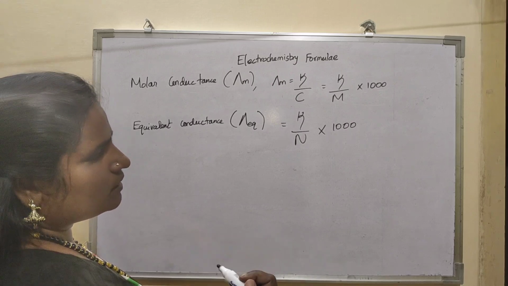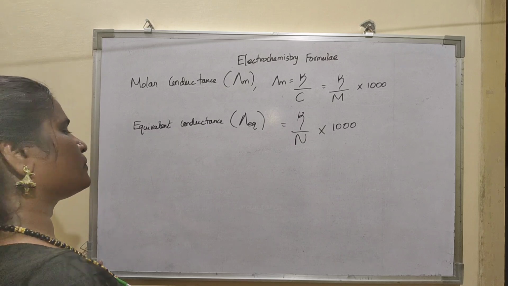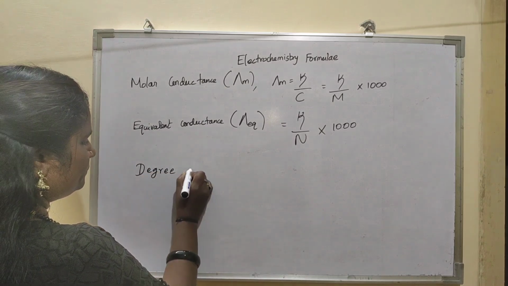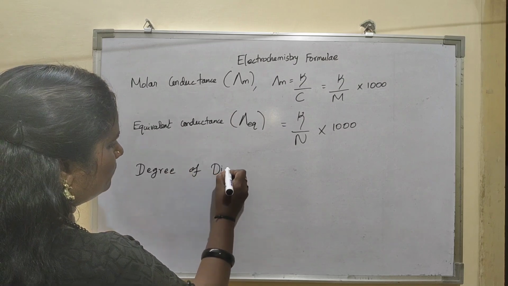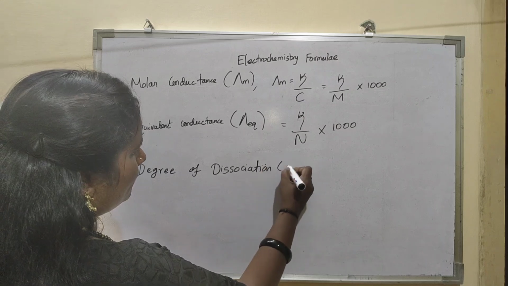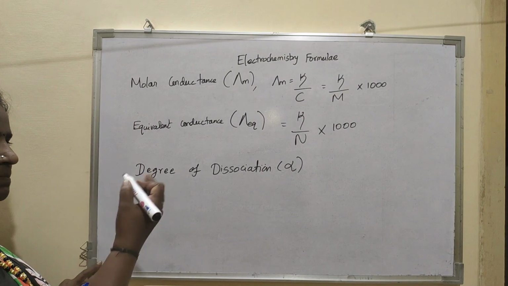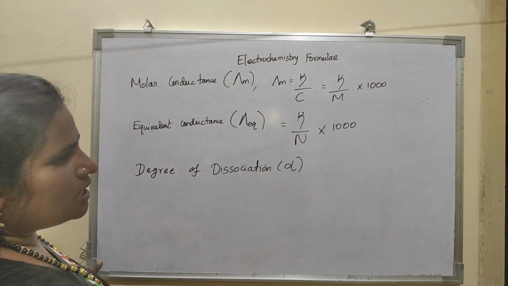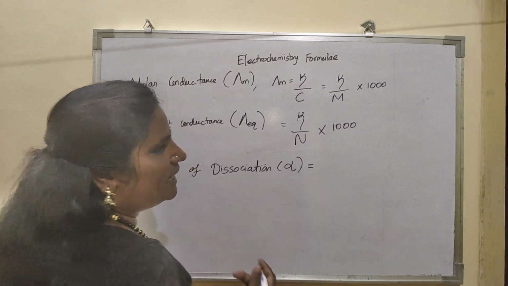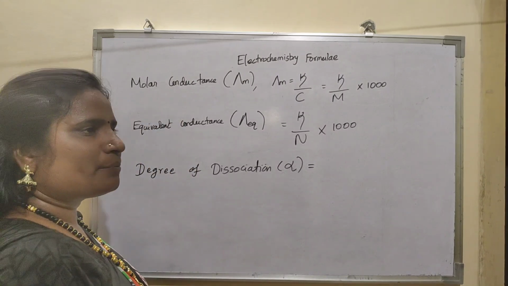as Ostwald dilution law. Before that we have to know what the degree of dissociation is. Degree of dissociation, DOD, has the symbol alpha. If I take any electrolyte and put it in water, how much ion can it produce?